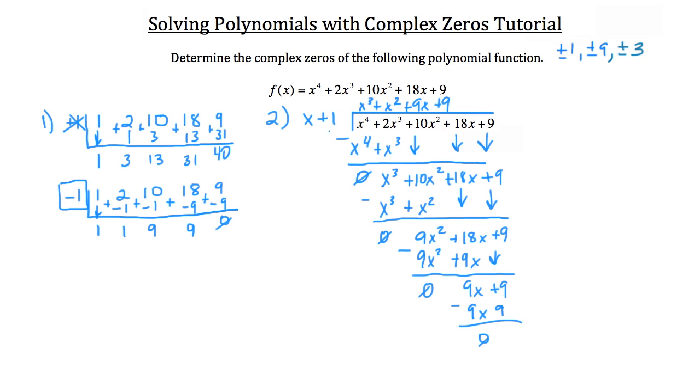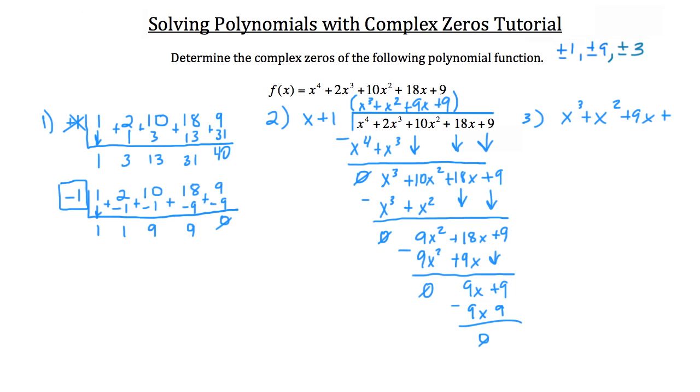And when you factor x plus 1 through this polynomial equation that we've been given, you get this polynomial equation up top. So we can now take that polynomial equation from up top, and in step 3, we're going to go ahead and use synthetic division to solve for its possible roots. So we've got x cubed plus x squared plus 9x plus 9.